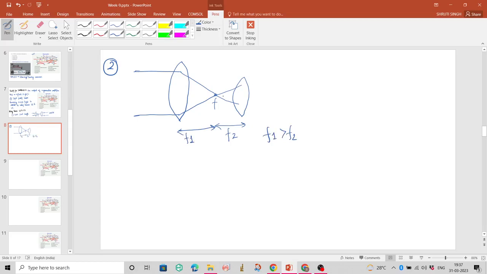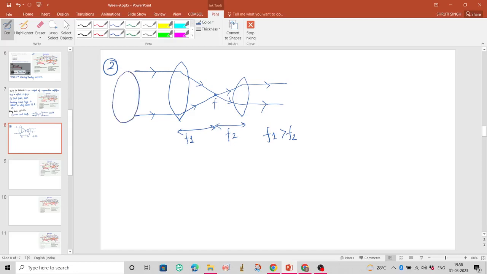Now again the same case: a beam coming from the focus will become parallel after hitting the convex lens. So it became parallel. But here one thing changed. Here we have the beam which was this big.